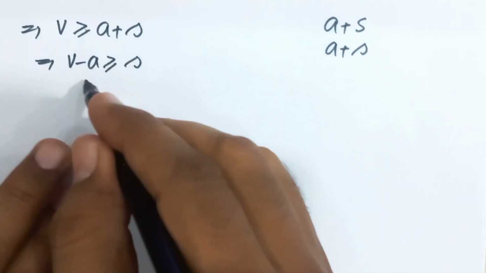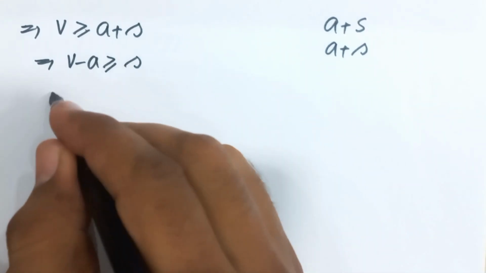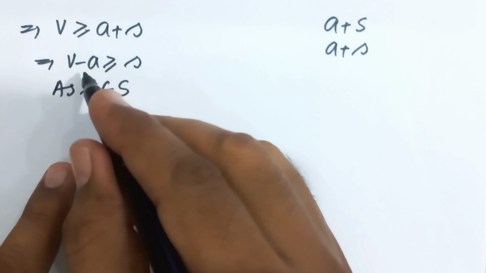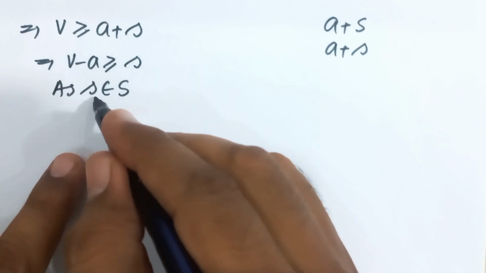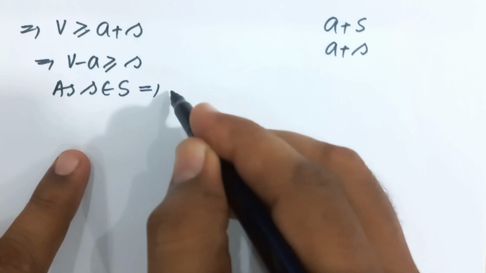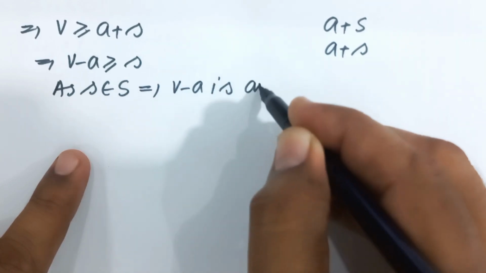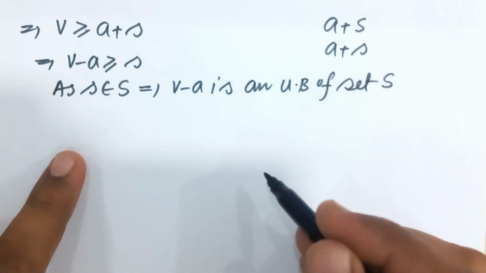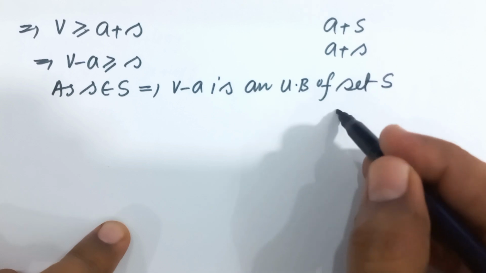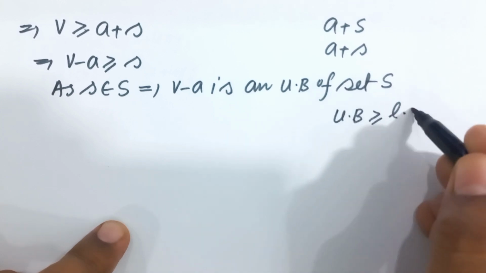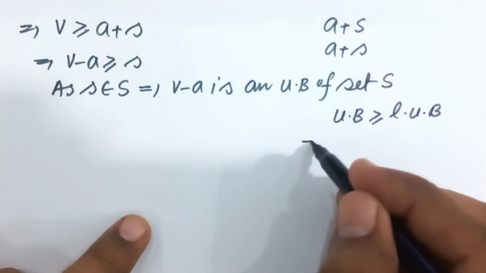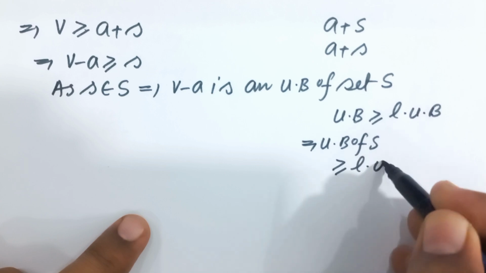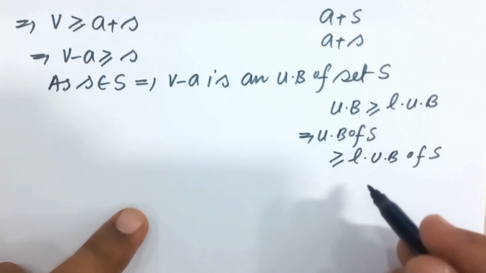Now, what does this inequality show? As s is an arbitrary element of set S, and V minus a is greater than or equal to this element s, this implies V minus a is an upper bound of set S. As we know, an upper bound is always greater than or equal to the least upper bound.